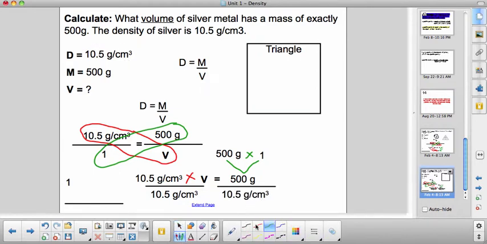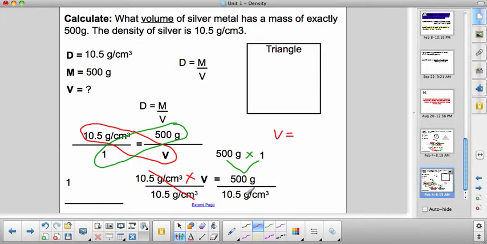Because I have 10.5 grams per cubic centimeter on the top and the bottom on this side, I'm multiplying and dividing by the same number, so it's going to cancel out. That will leave me with just the volume on the left side of the equation.